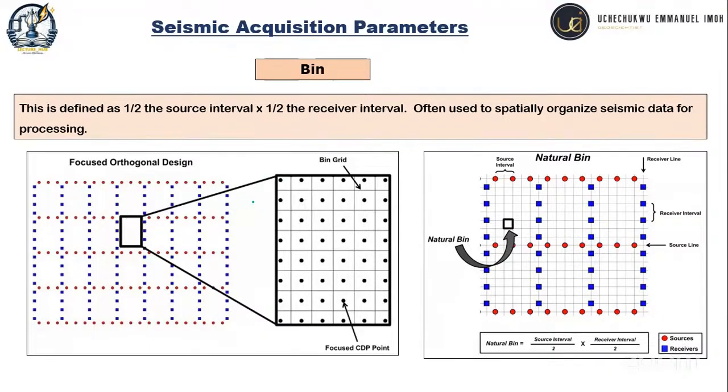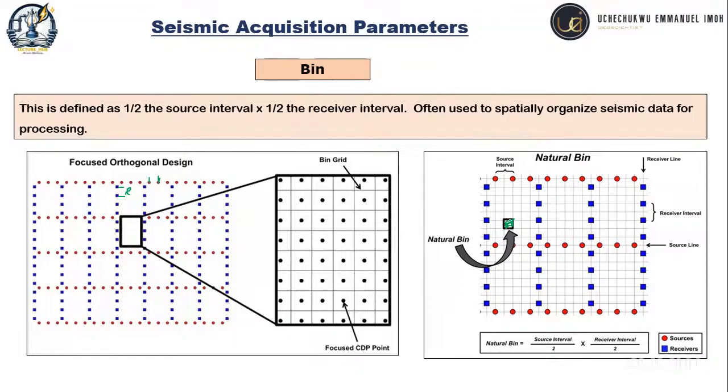So what you do is that you use the distance between your individual receivers, so your receiver spacing, okay, and your shot spacing, is what is used. So the receiver spacing divided by 2, multiplied by the source spacing divided by 2, that gives you your natural bin, and this place is what the natural bin is.